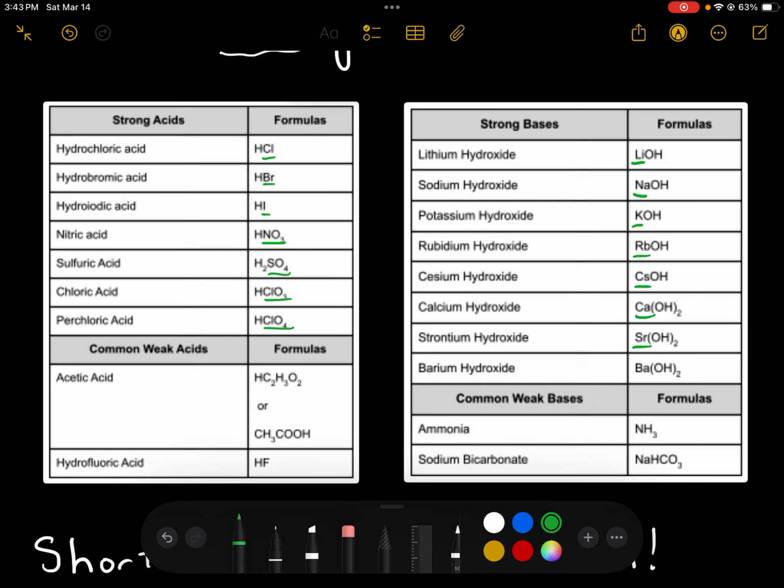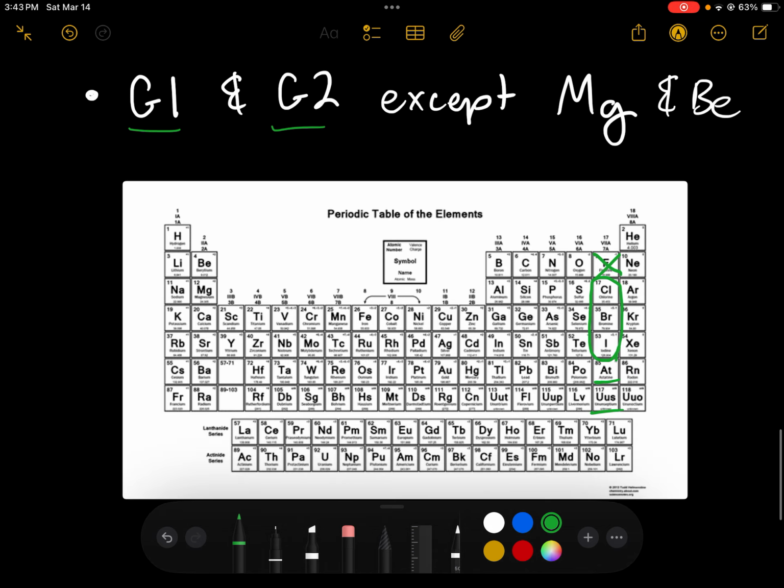Calcium's in group 2, strontium's in group 2, barium's in group 2. All of those from group 1 and group 2 of the periodic table produce strong bases. Technically, francium would produce a strong base as well, but again, we don't usually need to deal with it. Same with this one down here, radium.